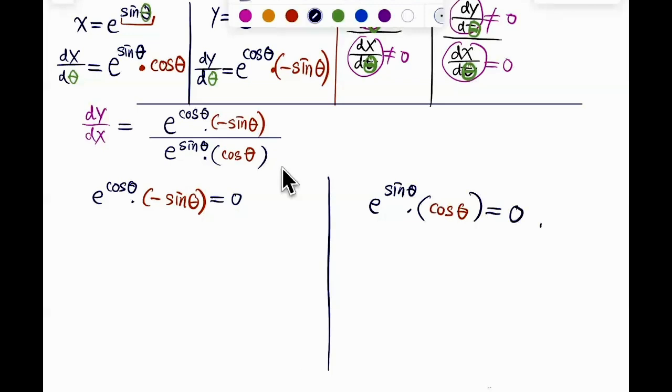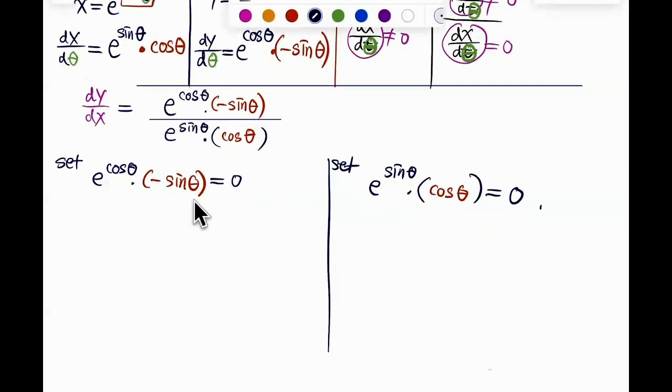So let's just focus on solving these two equations. I'm setting the numerator equal to 0, and then I set the denominator equal to 0.